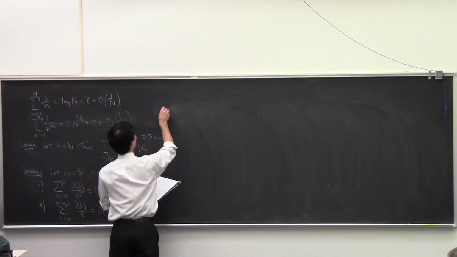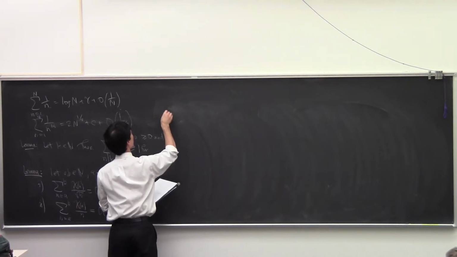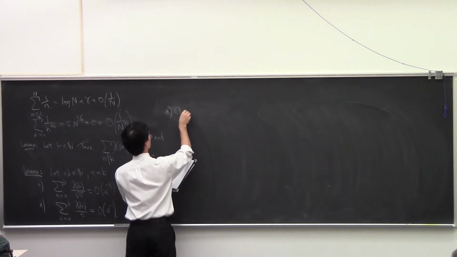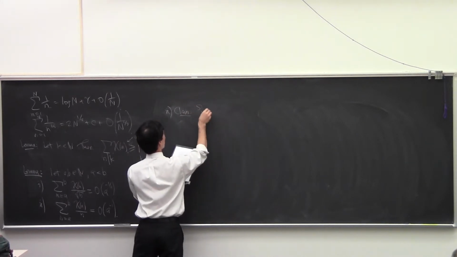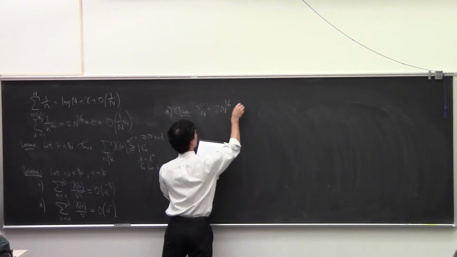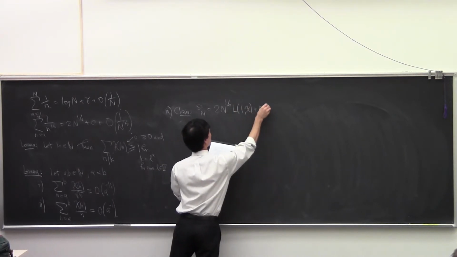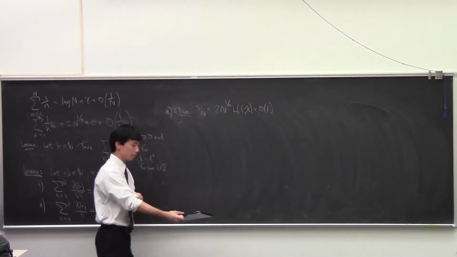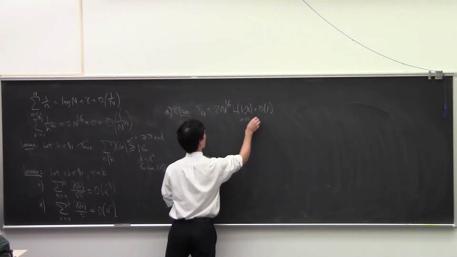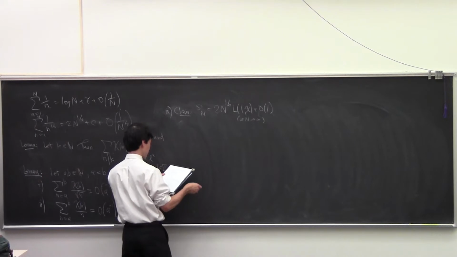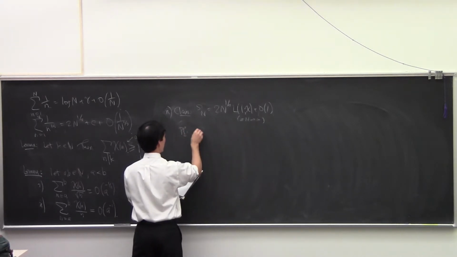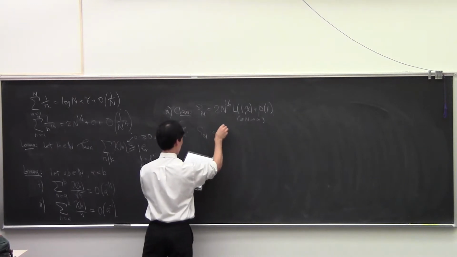So part 2, we want to show that Sn actually equals 2 square root of n times L1 prime plus something on the order of 1 as n goes to infinity. So we consider, of course, Sn. Sn is this thing.